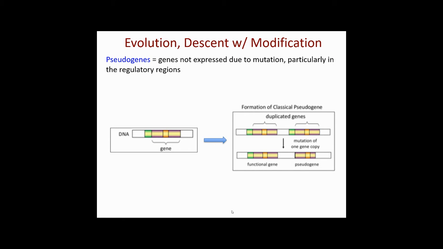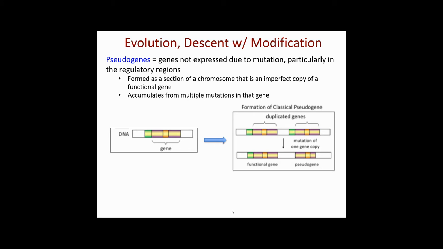These pseudogenes tend not to be expressed, that's the non-functional part, due to mutations, particularly in regulatory genes, the ones that control the turning on and off of genes. They are formed as a section of a chromosome that is an imperfect copy of the functional gene, as we just mentioned, but it typically doesn't happen from just one mutation. It has to happen through a series of mutations. It takes more than one.